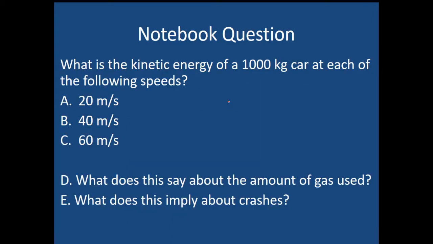So let's look at a few examples here. What is the kinetic energy of a 1,000 kilogram car at each of the following speeds? Remember, kilograms is mass. So if we want to find the kinetic energy of the car in scenario A, kinetic energy equals 0.5 times the mass.